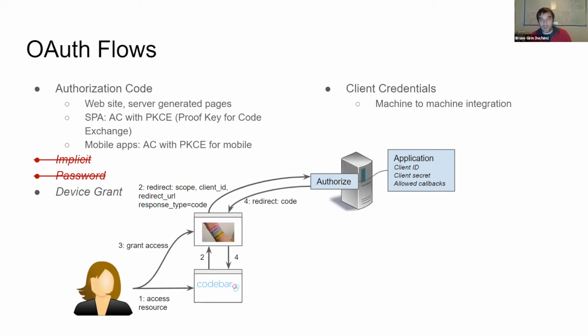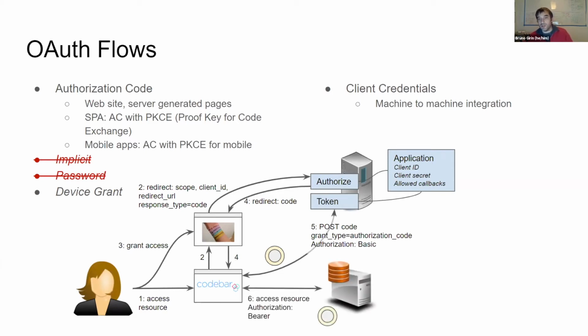The app then has to resolve that code into an access token. To do that, it calls the token endpoint in the authorization server. That's a POST HTTP request, either done by the backend or as an AJAX call, and it gets an access token in return. With this access token, it can then go and access the resource that it wanted in the first place.